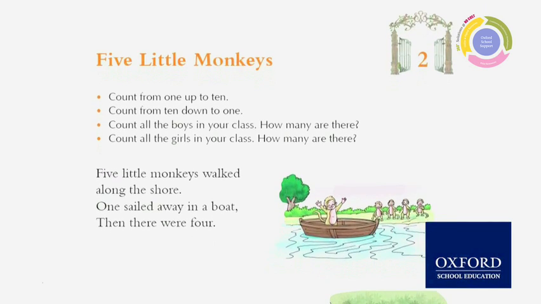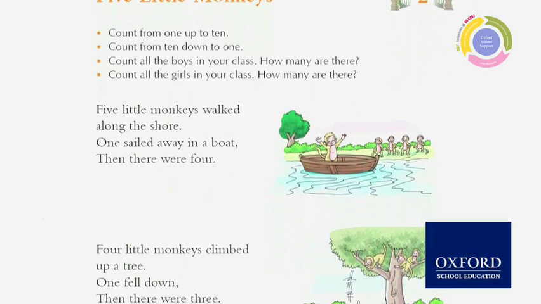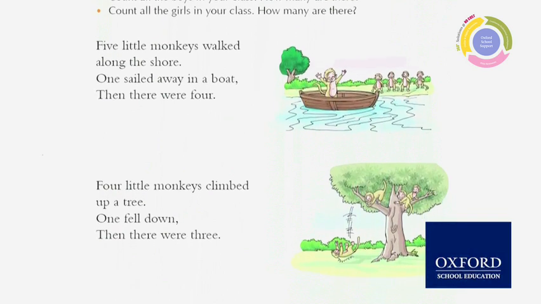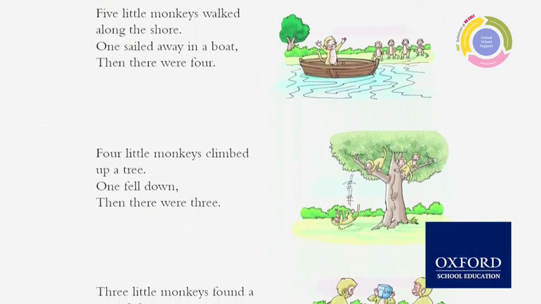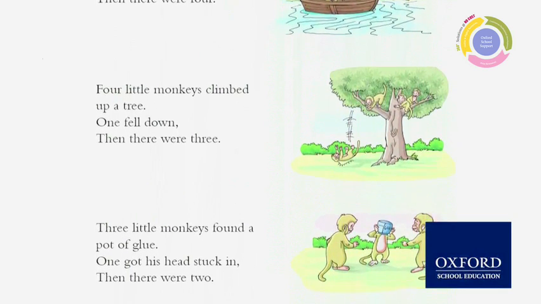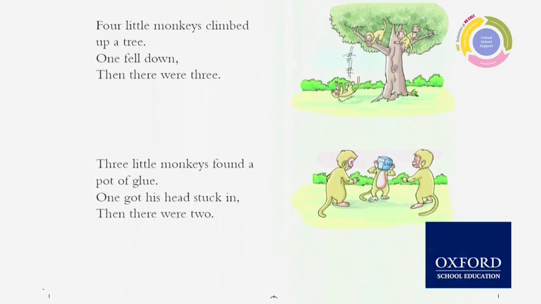That is, try to identify the words that I'm stressing. 5 little monkeys walked along the shore. 1 sailed away in a boat, then there were 4. 4 little monkeys climbed up a tree. 1 fell down, then there were 3. 3 little monkeys found a pot of glue. 1 got his head stuck in, then there were 2. Did you notice that each line had the same four strong beats?